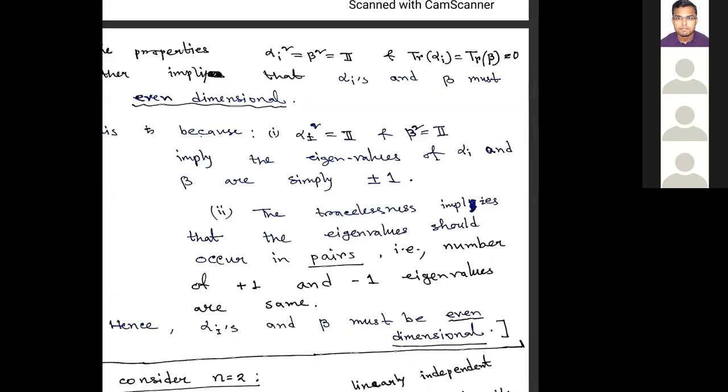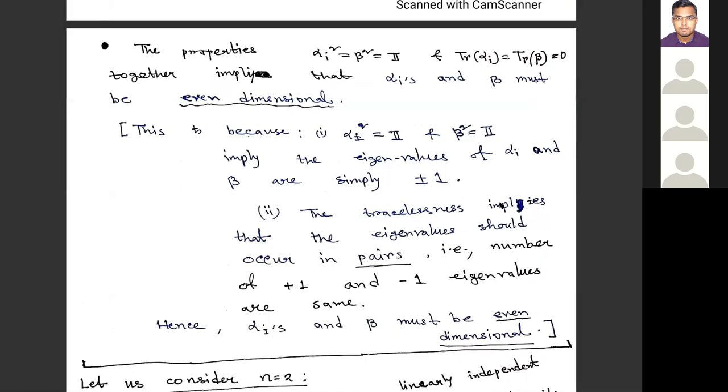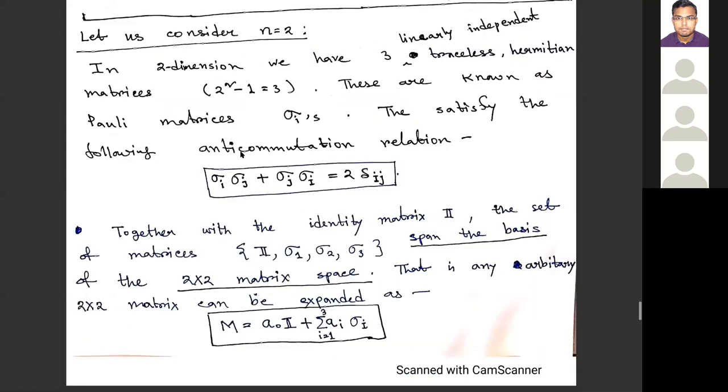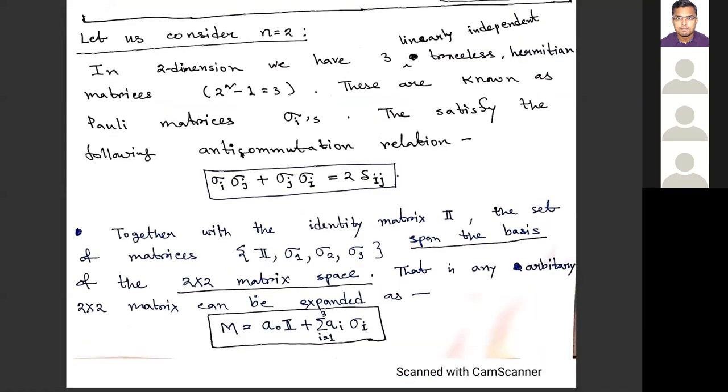So let me go back. The lowest even dimension that we can think of is n equal to 2.